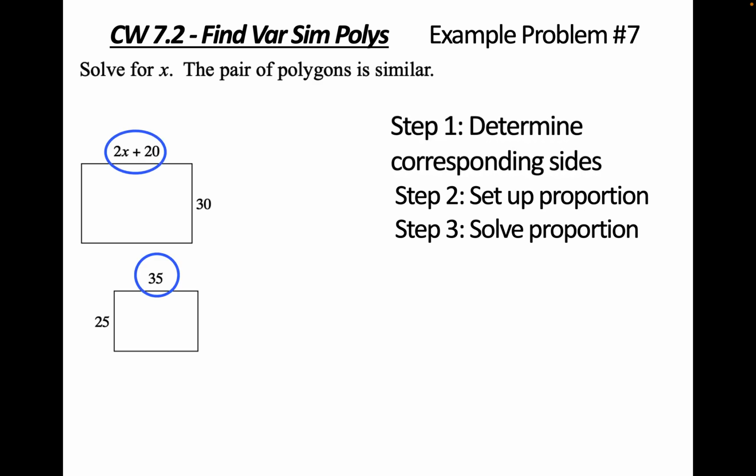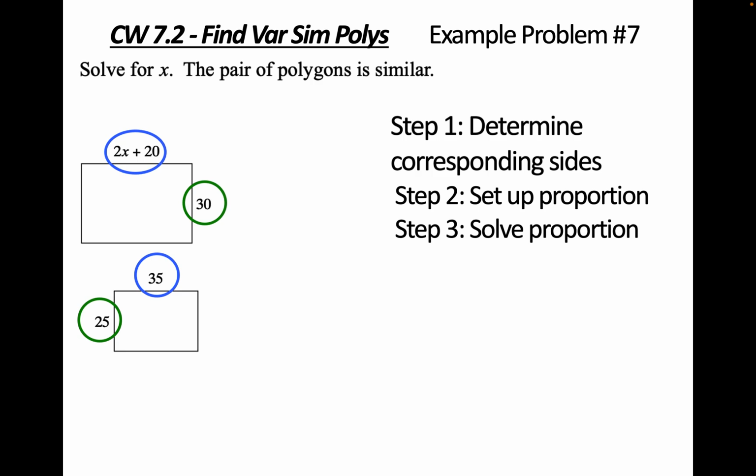In either case, I can see that the top sides, which I'll put in blue, the longer side, 2x plus 20 and 35, those are corresponding sides, and the sides on the side, the 30 and the 25, even though one's on the right, one's on the left, like I said, I could either reflect one of them, or I could recognize that if these are rectangles, the opposite sides are congruent.